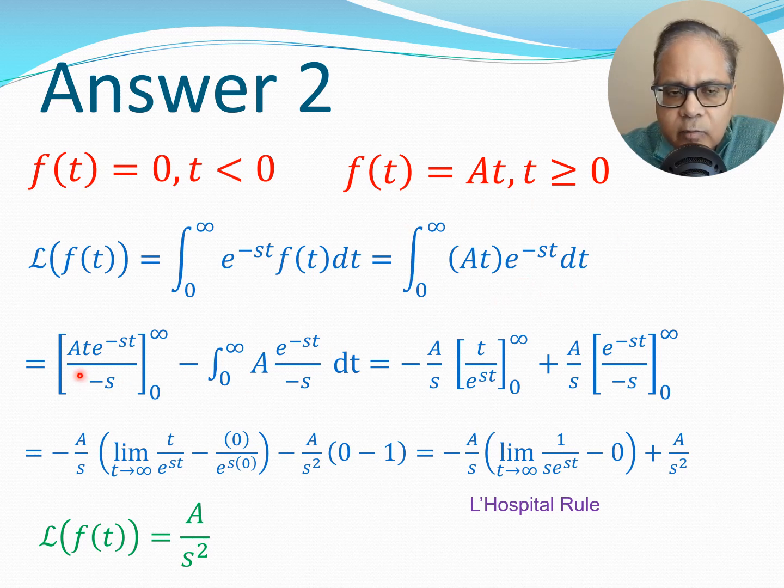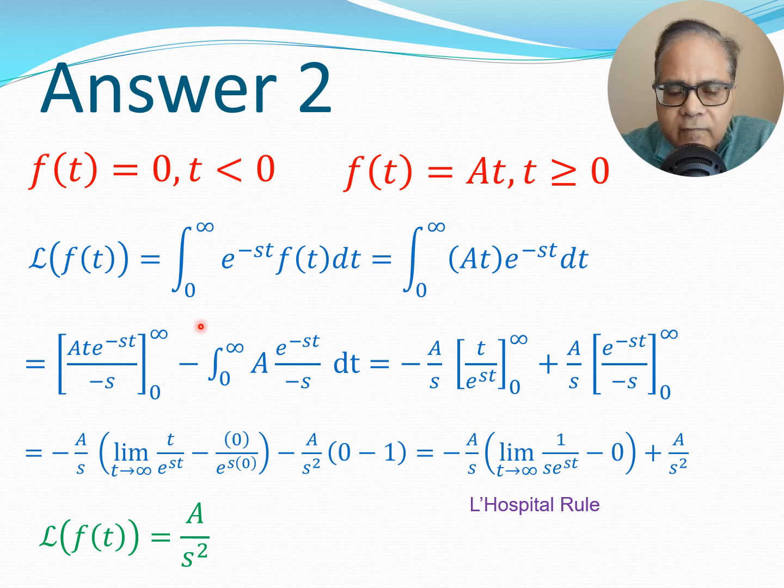So we can use the formula first function into integral of second minus integral of differential coefficient of first into integral of second. So what will happen here is that in the case of this term here, it's simply going to be at, that's the first function, and this e to the power minus st is going to give me e to the power minus st by minus s when I perform the integration, and the bounds are going to be 0 to infinite.